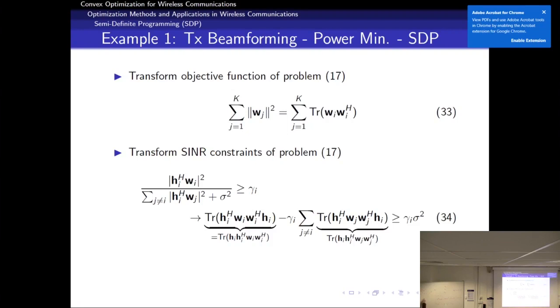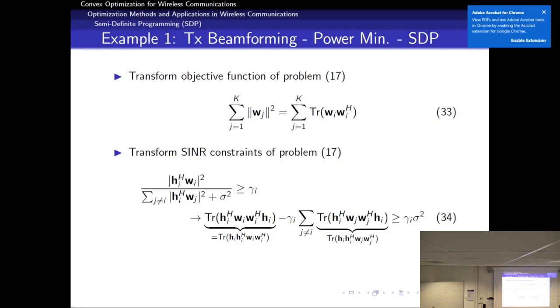So I have here my W_I Hermitian, and this is my term here. And this is a scalar. So I can say this is the same as a trace. I don't add anything here. I just add the trace, but this is a scalar, so the trace of a scalar is still a scalar.